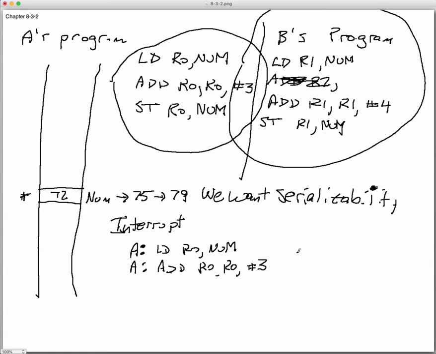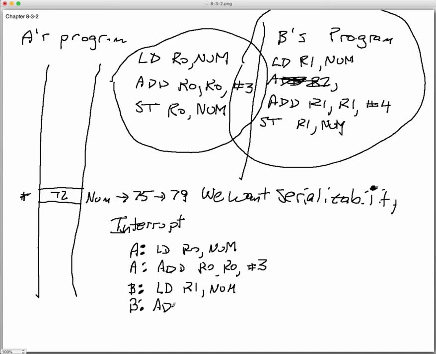And now the alarm goes off. And what we're going to do now is come over here and start executing B. And we come over here, and we say B, and we start going load R1 num.